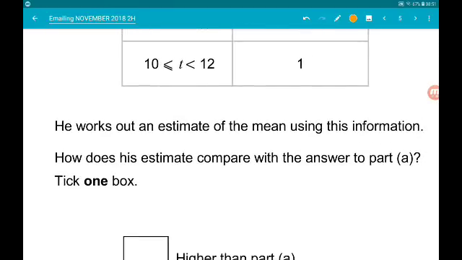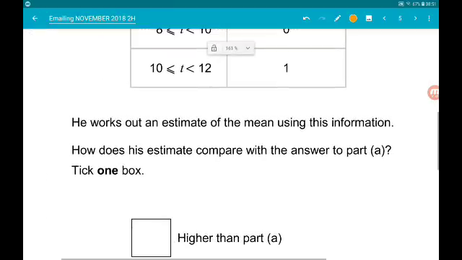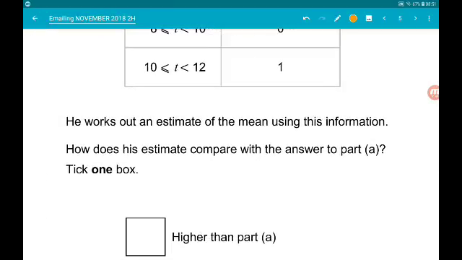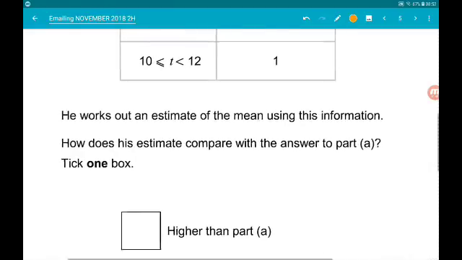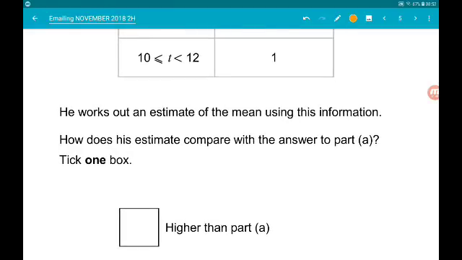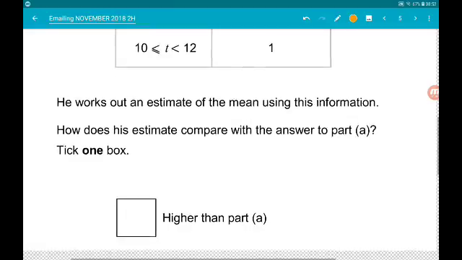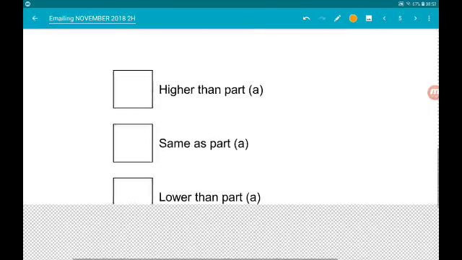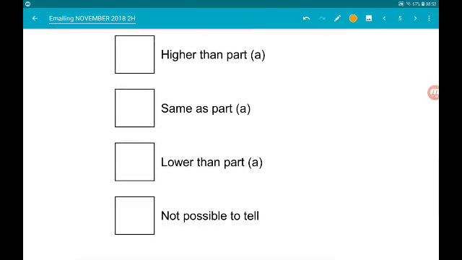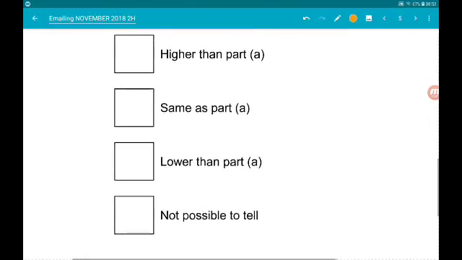He works out an estimate of the mean using his information. How does his estimate compare to the answer to part A? Is it higher, the same, lower, or impossible to tell?